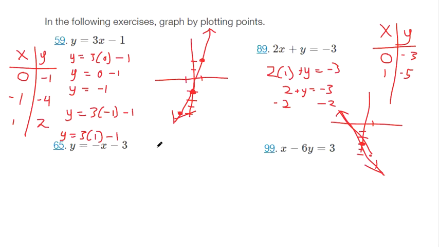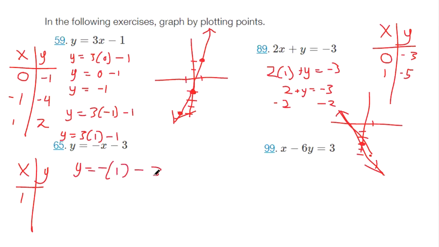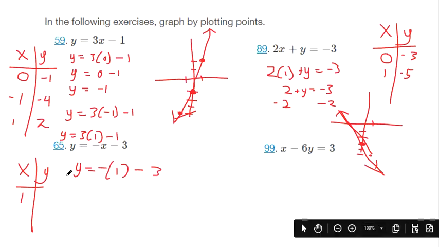So let's do one more here. This one has a negative sign. Let's do this too. I'm going to plug in a 1 for x. So that gives me y equals -1 minus 3, so it gives me -4 for the y coordinate.